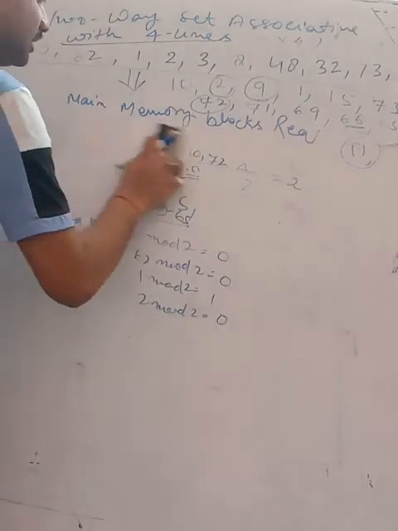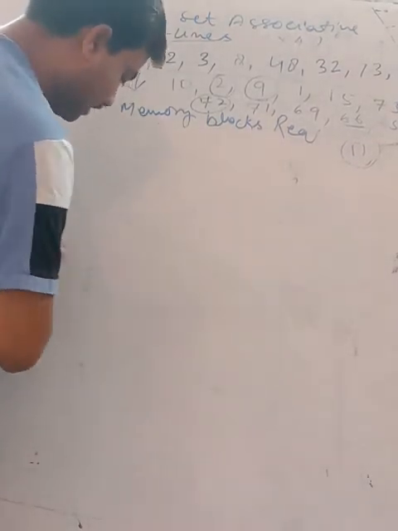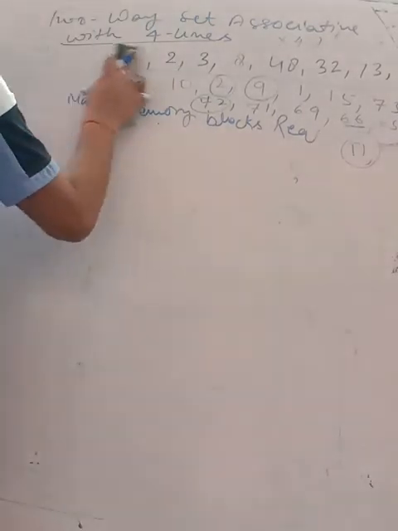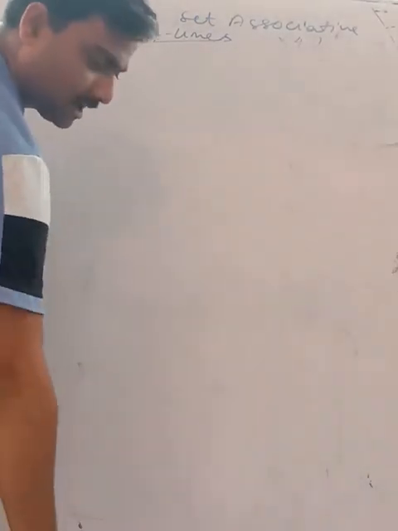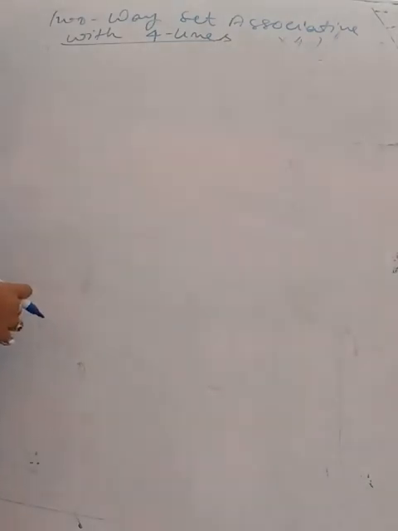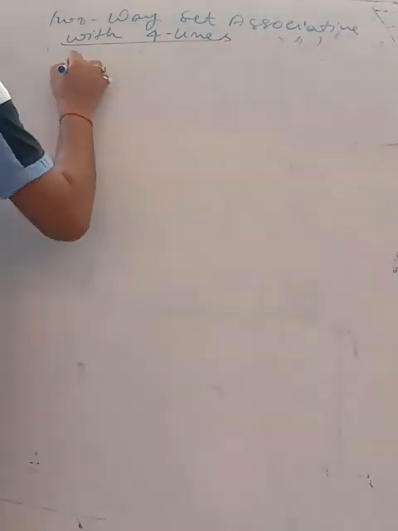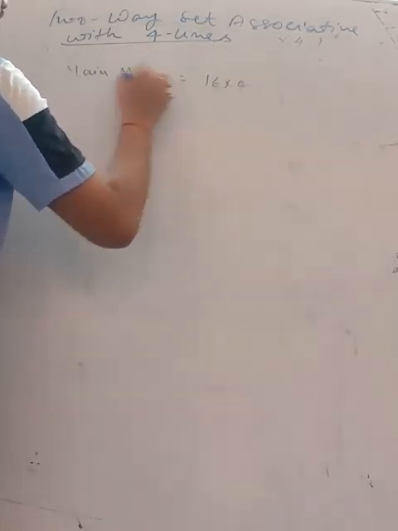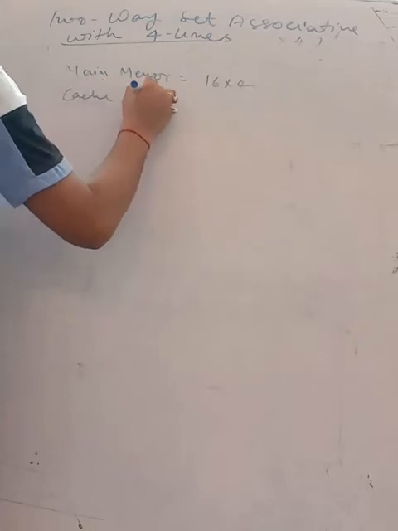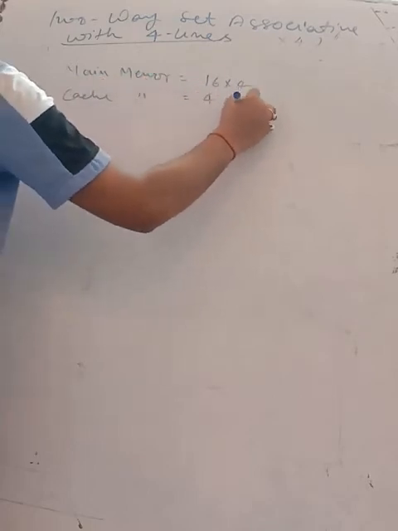When we talk in reference to blocks, how will we work? We will have another example. Suppose we have a main memory of size 16 cross 4 and cache memory equal to 4 cross 4.